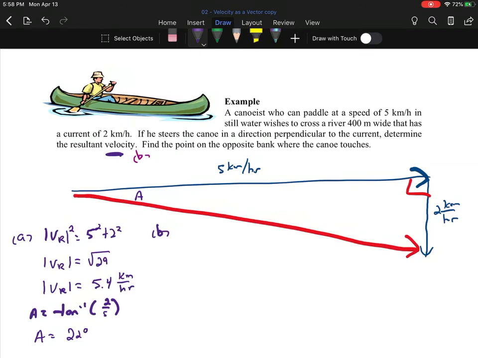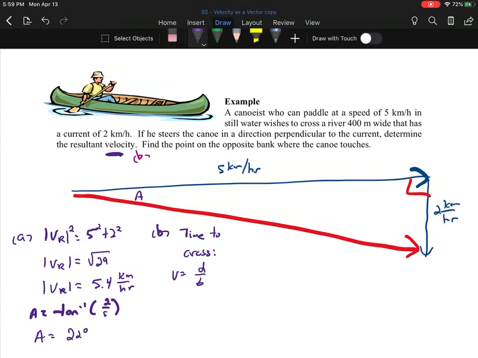I labeled it part B, which was to find the point in the opposite bank where the canoe touches. Well, a little bit of physics here. You physics people will break this into X and Y components, and that's fine. And this question maybe demands that. But just a little straightforward think here is I'm just going to go, okay, time to cross. First, I'm going to say time to cross the river. And we just need one little physics equation here. And my physics equation here is velocity equals distance over time.